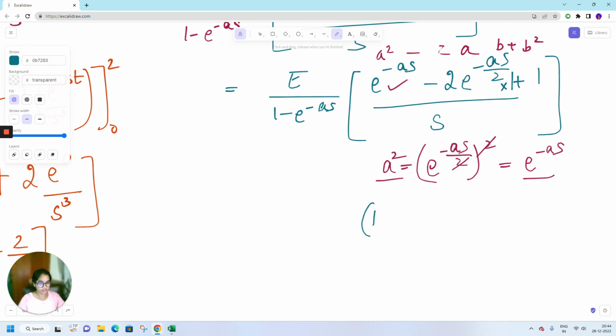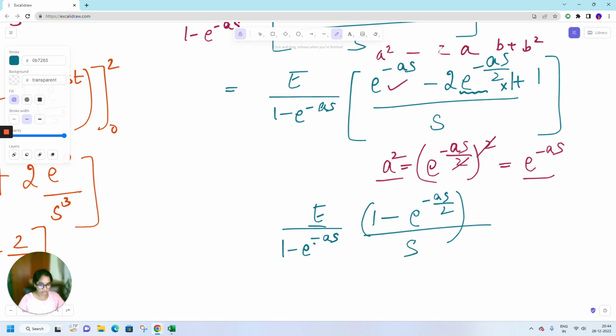So now, if I have to write it in the form of a minus b whole square, I have 1 minus e power minus s by 2, divided by s.